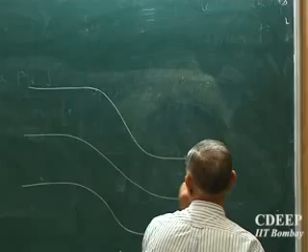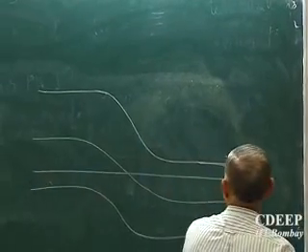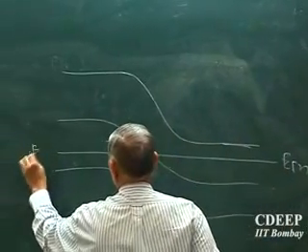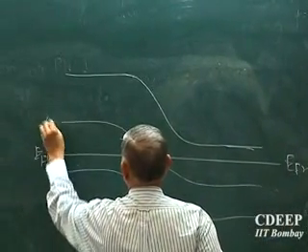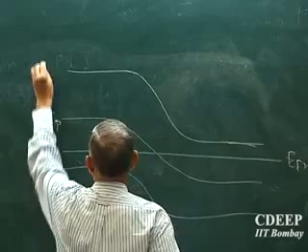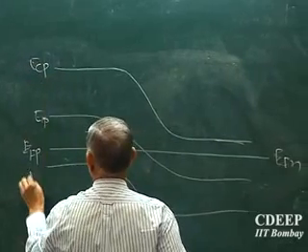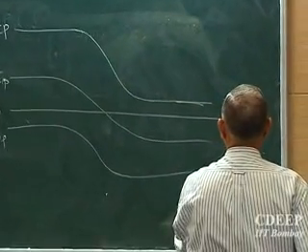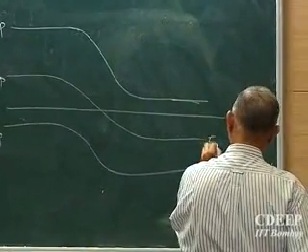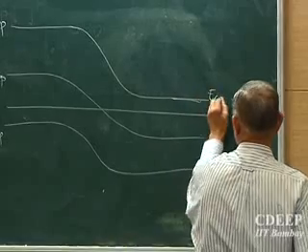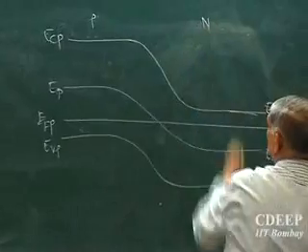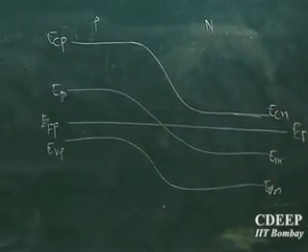Okay, this was our PN junction under equilibrium: EFN is equal to EFP, EiP, ECP, EVP, EVN, Ei. This is under equilibrium. And what is this voltage?